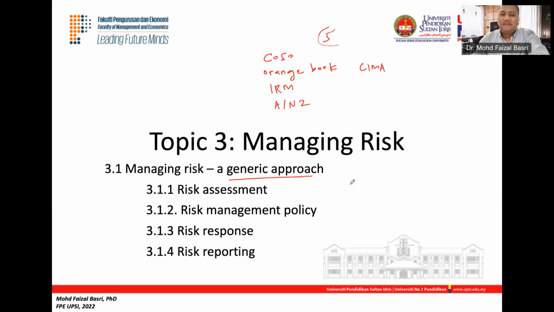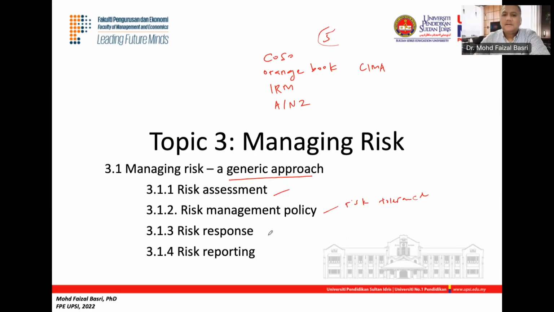So here we finalize that we have 4 different steps in how to manage risk. Number 1, we need to do risk assessment: assess the relevant risks, how to describe and identify all the risks. You need to know your risk management policy, for example, your risk tolerance, set according to the organization policy.